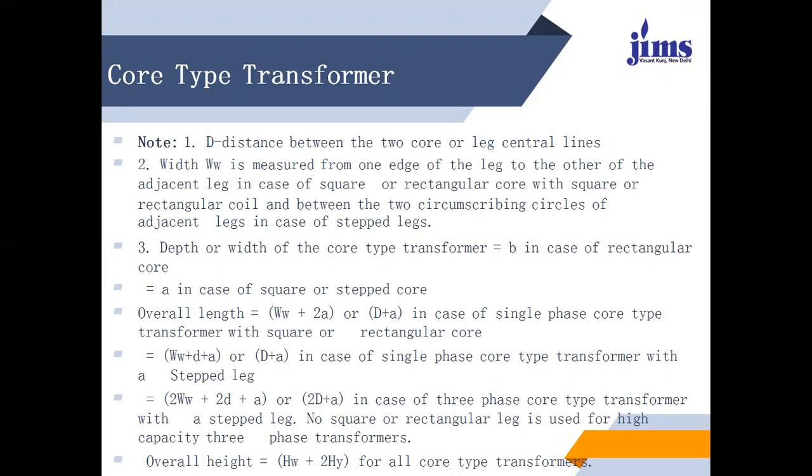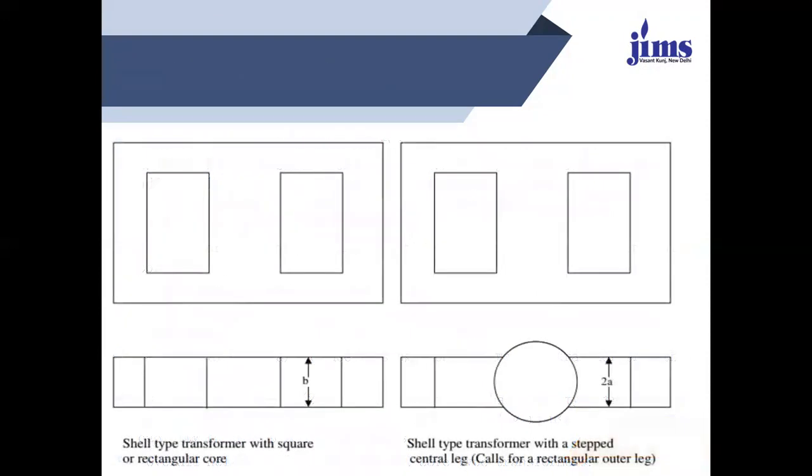Next will be the overall height. It will be HW plus twice HY for all core type transformers. And this will be the design which we normally opt for shell type transformers, where B stands for the width of the core, and the height of the core will be equal to twice A. So the shell type transformer with a square or rectangular core will have that structure. A shell type transformer with a central leg calls for a rectangular outer leg.